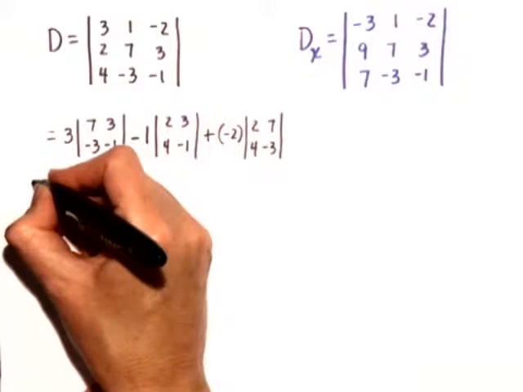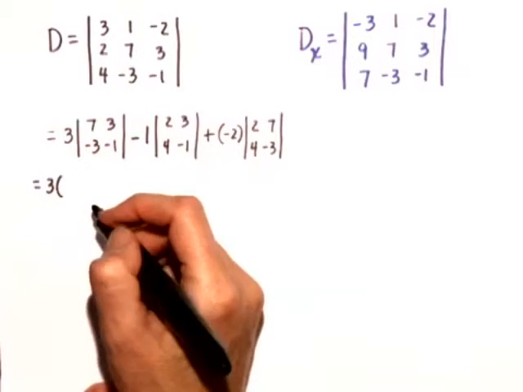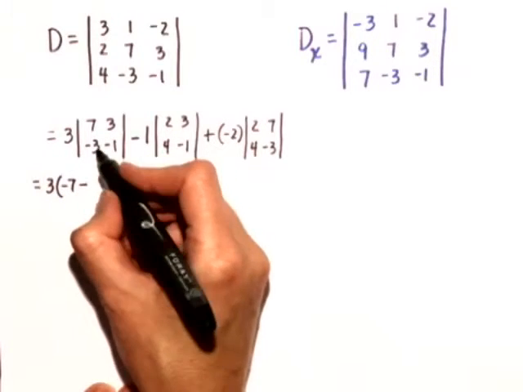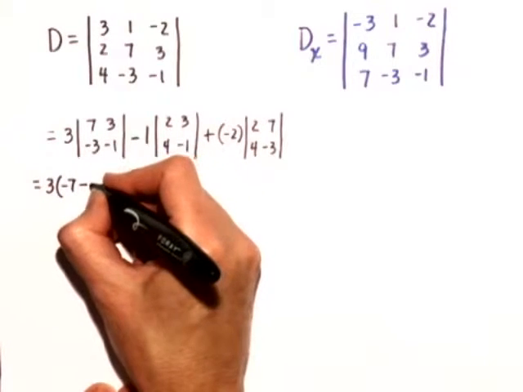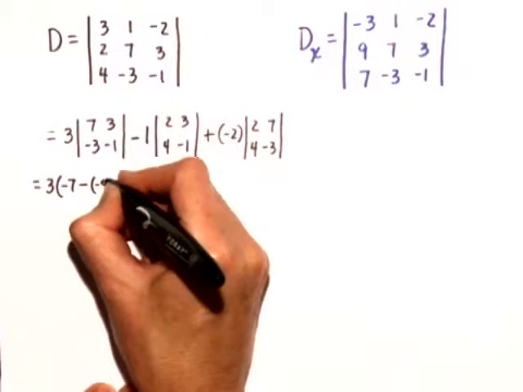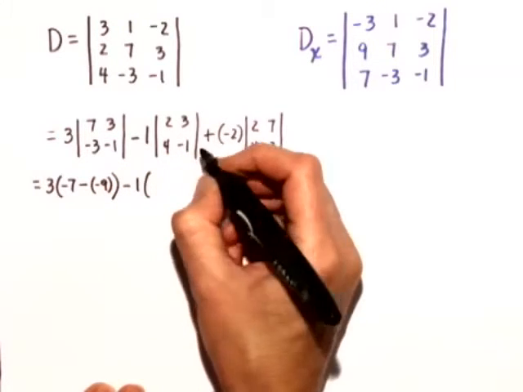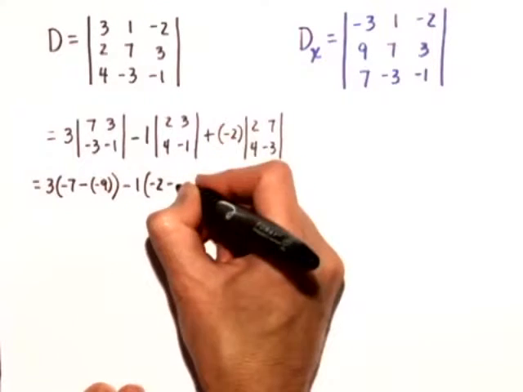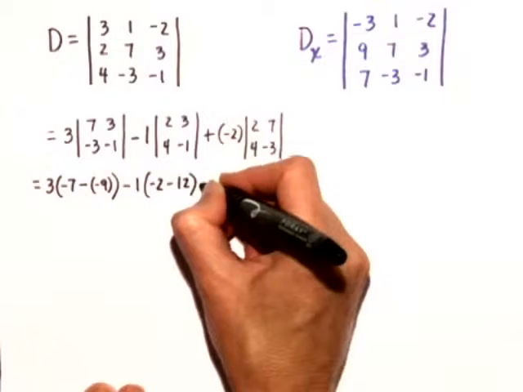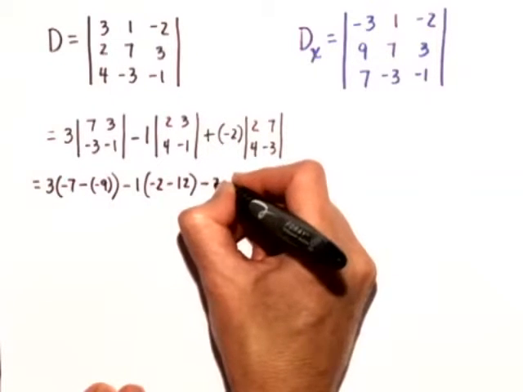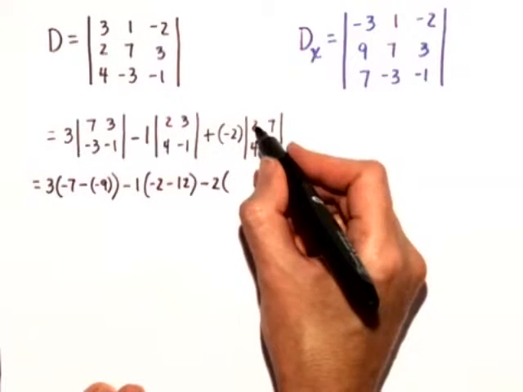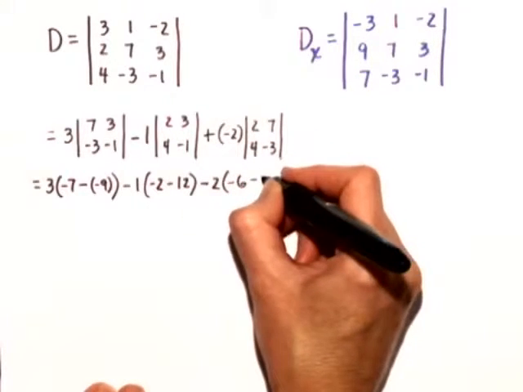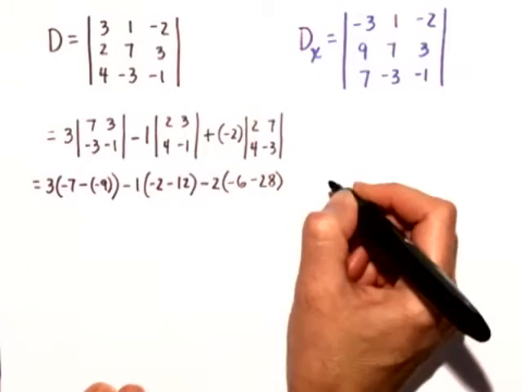Let's calculate these values. We have 3 times the quantity 7 times negative 1 is negative 7, minus negative 3 times 3 is negative 9. Minus 1 times the quantity 2 times negative 1 is negative 2, minus 4 times 3 is 12. Plus negative 2 becomes minus 2 times the quantity 2 times negative 3 is negative 6, minus 4 times 7 is 28.